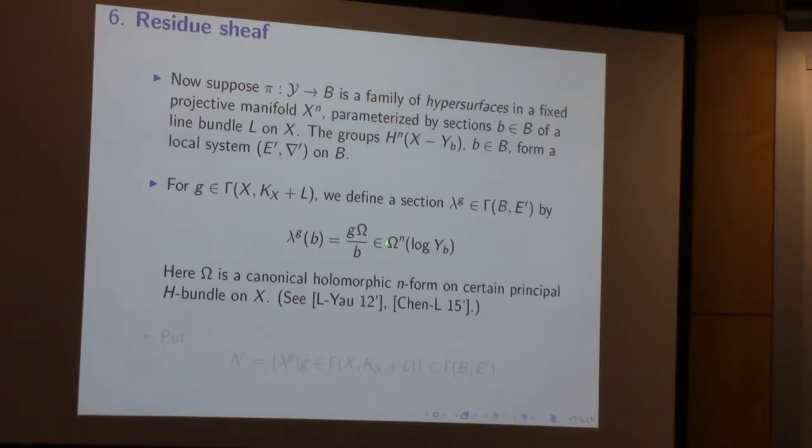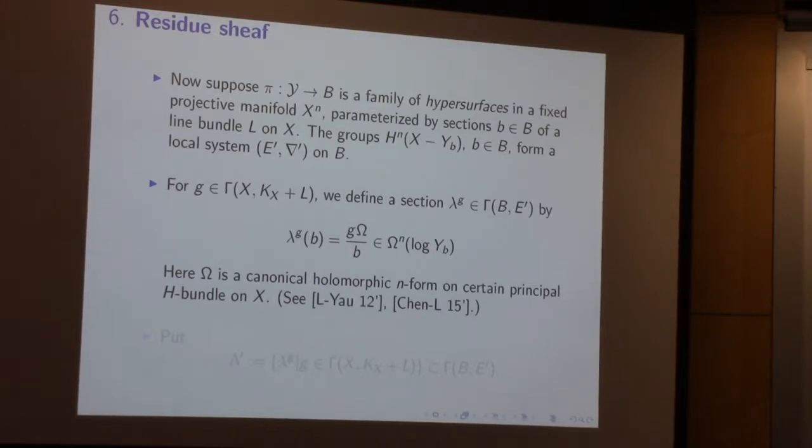Here, the capital omega is a certain canonical holomorphic n form on certain principal H bundle over X. The detailed construction of this omega is a long story, but it's not very difficult. And the details is first written in the paper of Yao in 2012, in a special case, and in full generality in a preprint with my student Chen.